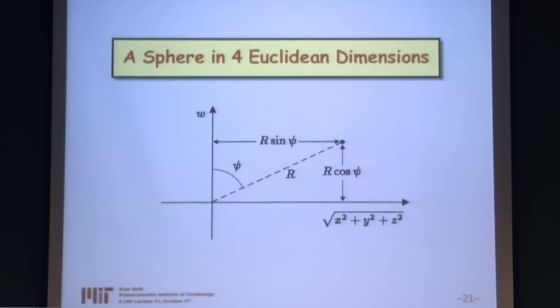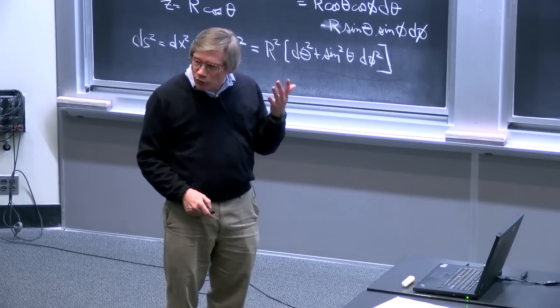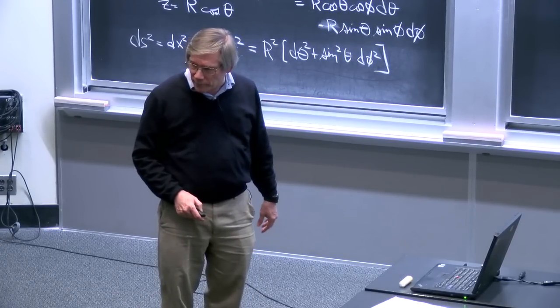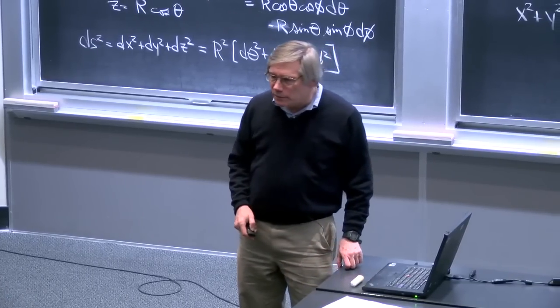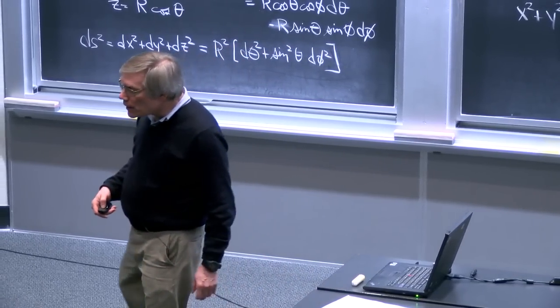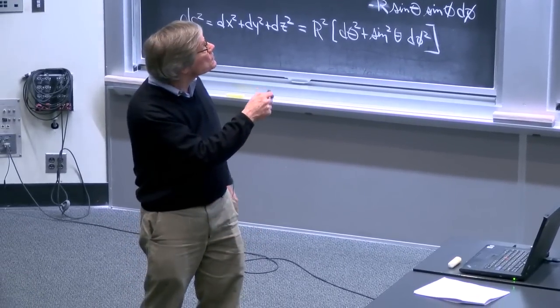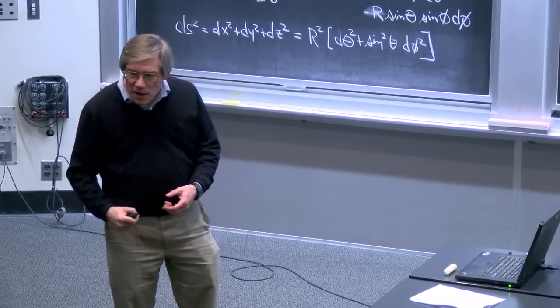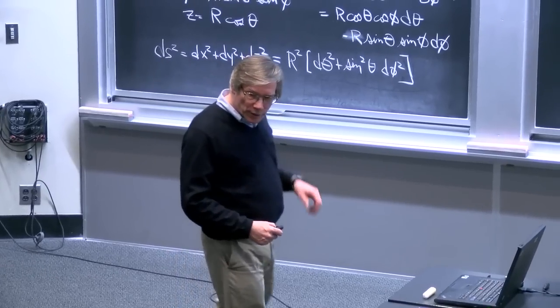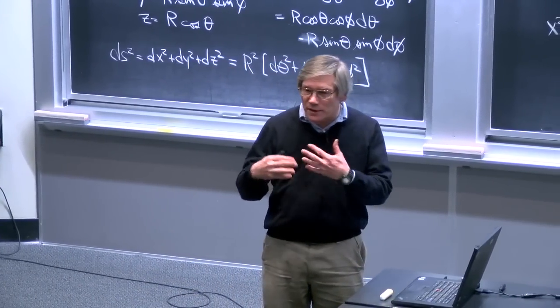OK, now we still need two more coordinates. This is only one coordinate. We want to have three. But the two other coordinates will just be our old friends, theta and phi. We're going to keep theta and phi. And in order to keep them, what we'll imagine doing is that for any point on the surface of this three-dimensional sphere in the four-dimensional space, we can imagine just ignoring the w coordinate. And then we have x, y, and z coordinates.